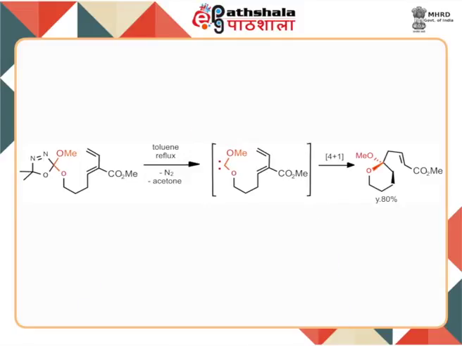The 4+1 cycloaddition between a carbene and a diene gives a cyclopentene adduct. For example, heating a bis-heteroatom carbene and oxadiazoline gives diastereomerically pure acetal in 80% yield.